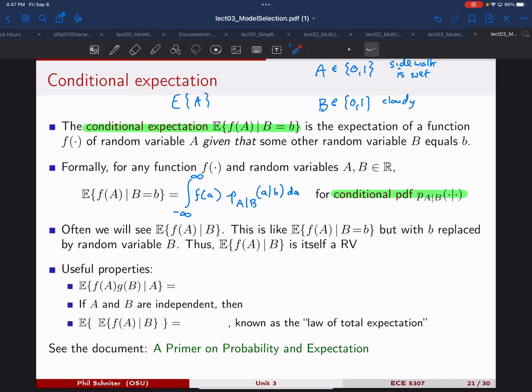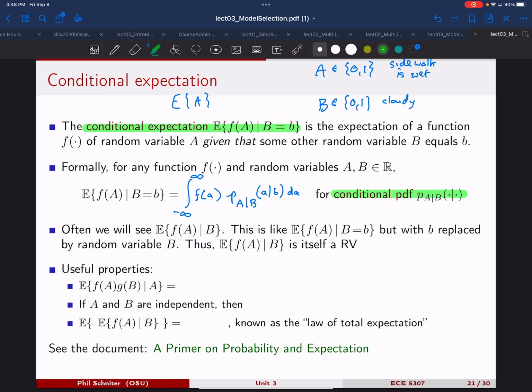So the way I described it so far is that this second random variable is taking on a very specific value, like it's cloudy. What's the probability that the sidewalk is wet given that it's cloudy? So you know it's cloudy. But the way you'll often see this is with the specific equals b left off.